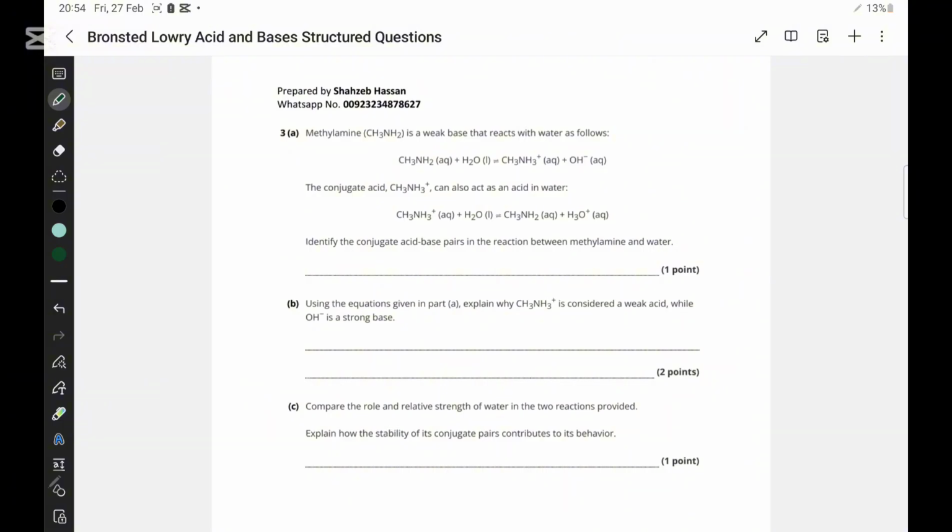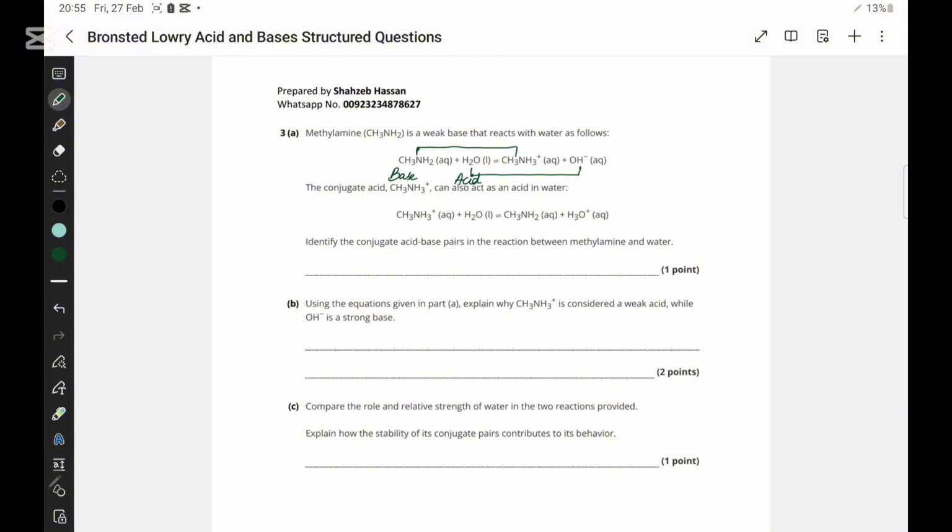So identify the conjugate acid base pair in this reaction between methylamine and water. So first of all, we have to see that this is a pair. What it is doing, it is accepting a proton from water, so this is acting as a base, and water here is acting as an acid.